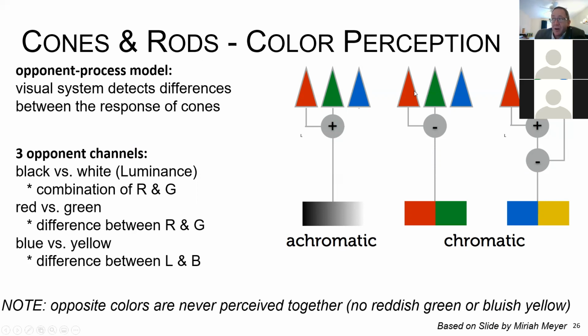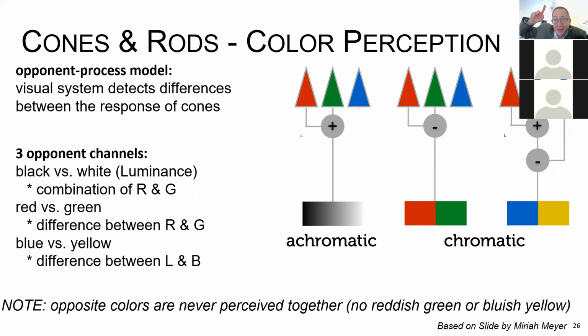If I have red, but I don't see green, I see red. If I see green, but I don't see red, I see green. I get one or the other, but not both, essentially. So I can see red or I can see green, but I can't see reddish green. And how red something is is based off how not green it is.